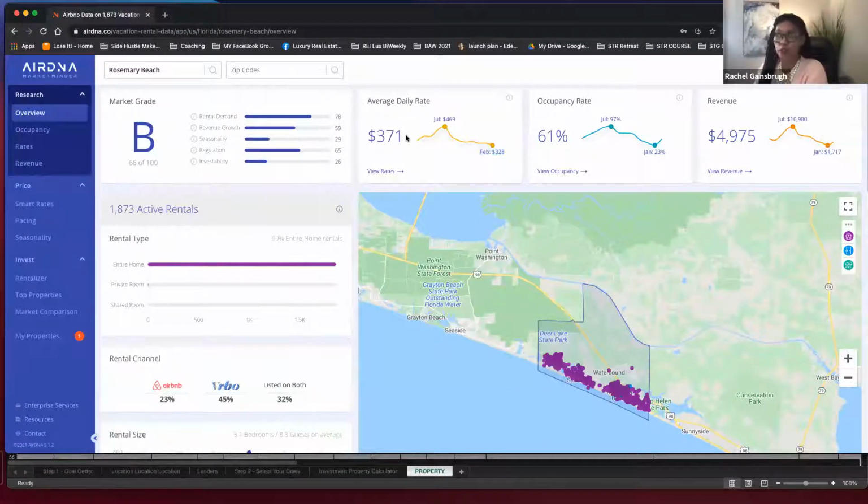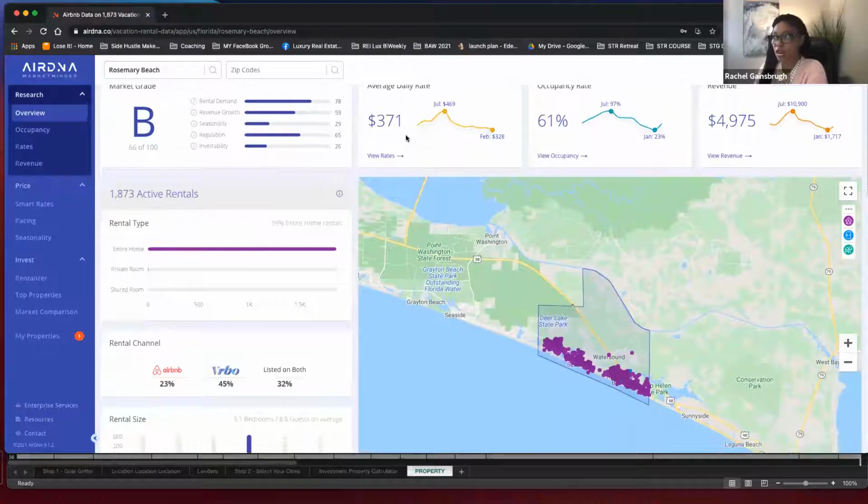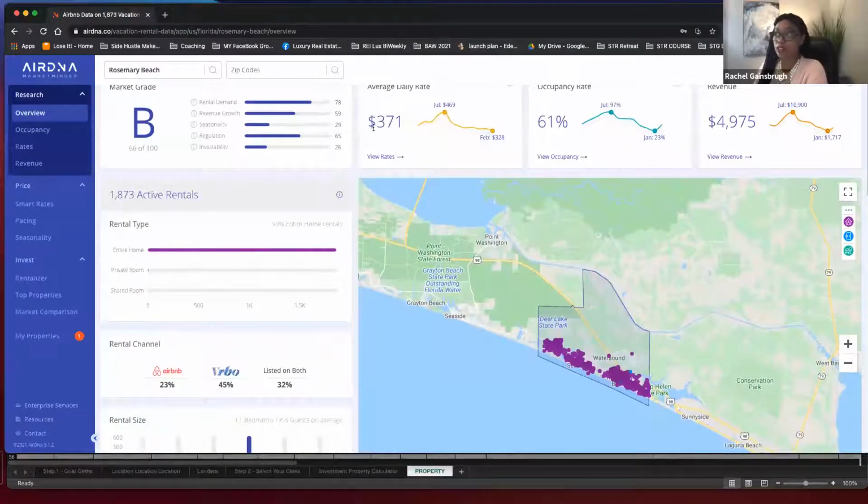You want to do everything in your power to drive the property to make sure that you're at above market rates, really. And so some of the things that we're going to talk about throughout the workshops is how to make sure that your property is at the top in terms of revenue, in terms of occupancy, in terms of demand. One of the most profitable properties within your region.